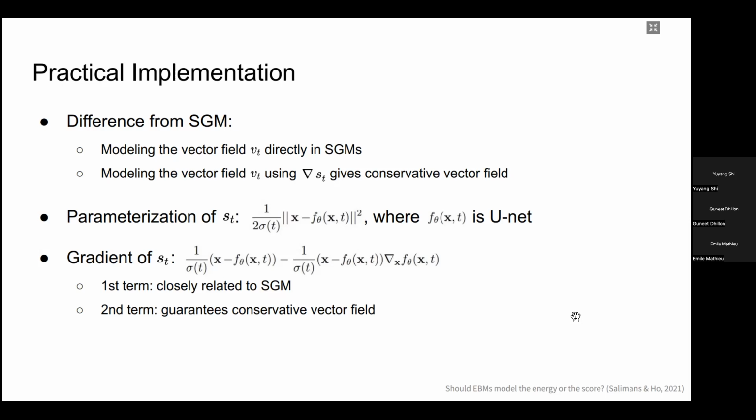And so one of the explanations of this is basically how do you parameterize S_t? How do you parameterize the S_t function, which is a scalar function?